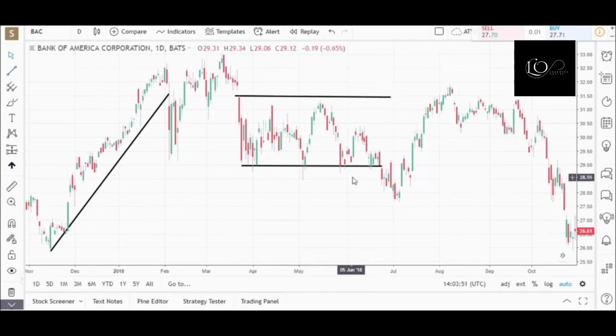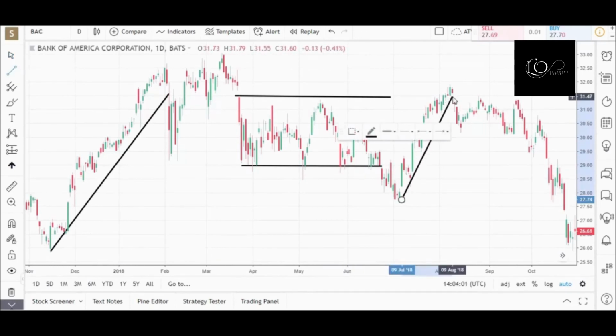So basically the stock trades sideways in a consolidation pattern. The stock then moves into another uptrend here. And then this is followed by a downtrend when the stock is falling in price here.